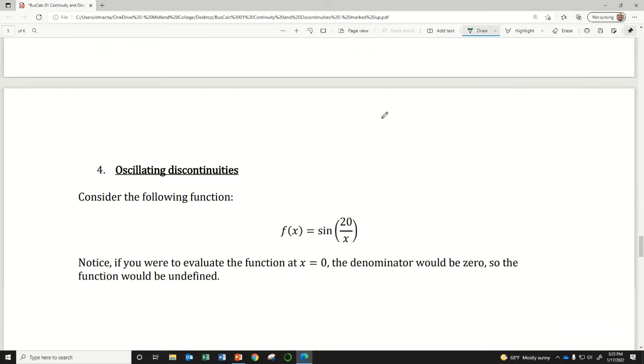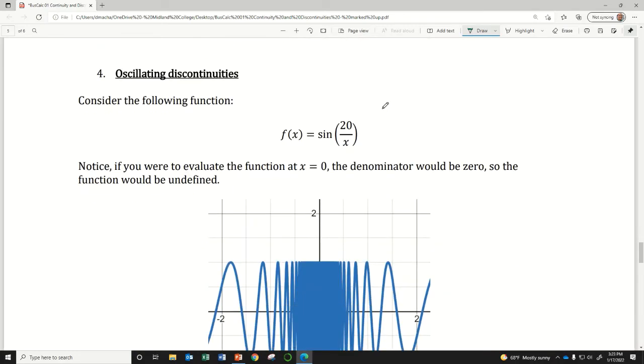Okay, now our last type of discontinuity, you don't actually have to worry too much about this, but I do want to mention it. It's called an oscillating discontinuity. Consider this function, which is the sine function, a trigonometric function. Just as a side note, in calculus for business and social sciences, we're not actually going to use trig functions in our homework or tests.